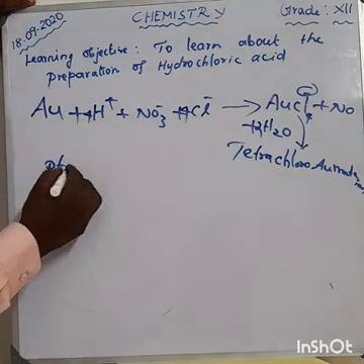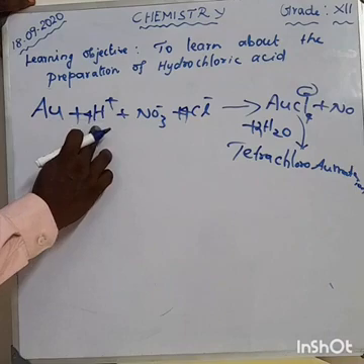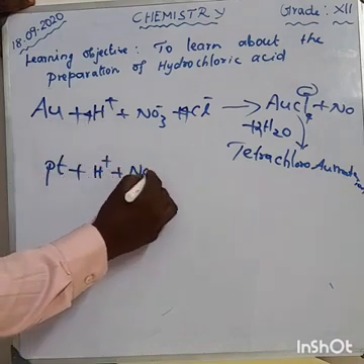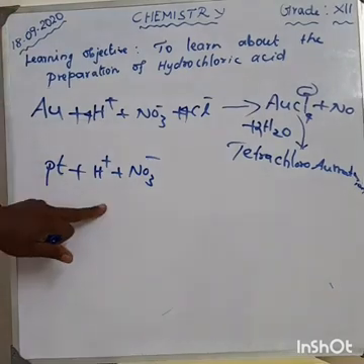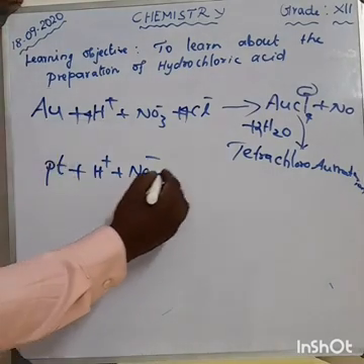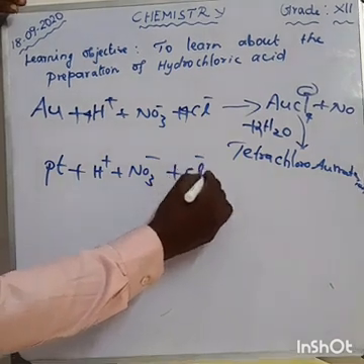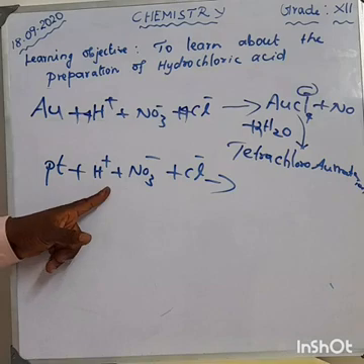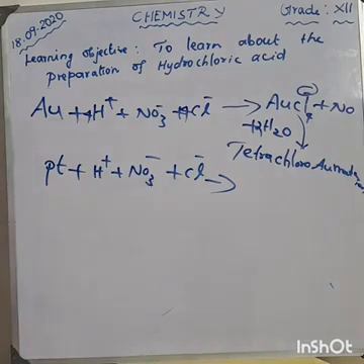This platinum reacts with nitric acid, which can be written as H plus NO3 minus ion, and also Cl minus ion. That means 3 parts of nitric acid and 1 part of hydrochloric acid.